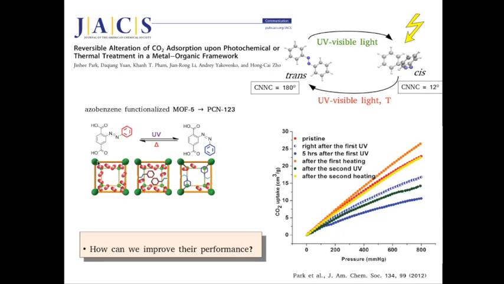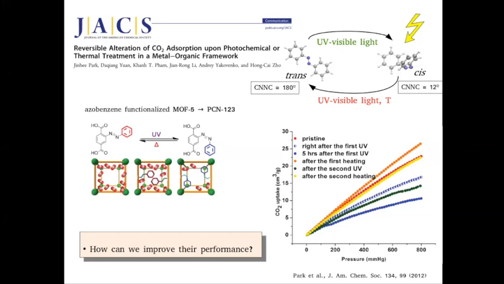The authors demonstrated, in fact, that you can functionalize one of the most well-known MOFs, MOF-5, with azobenzene, and that upon irradiating it with UV light, and using the photoisomerization from trans to cis, you can drop this absorption of CO2 enormously.